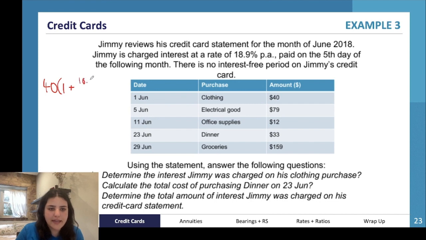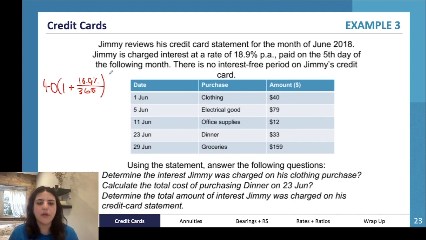So we do 18.9% divided by 365. And it's the 1st of June to the 5th of July. There are 30 days in June, so including date of purchase, 30 days plus the 1st, 2nd, 3rd, 4th, and 5th. So it should be 35 days.